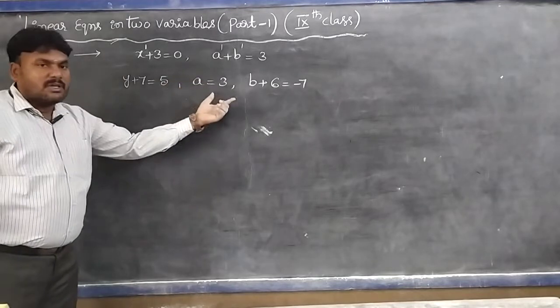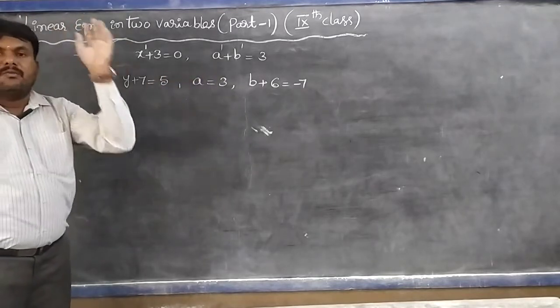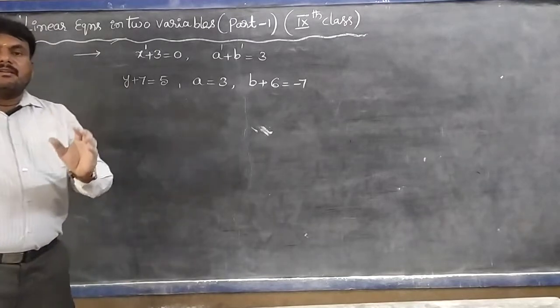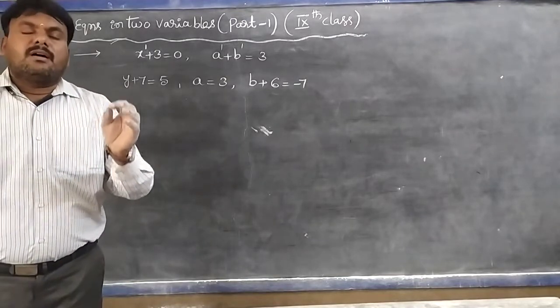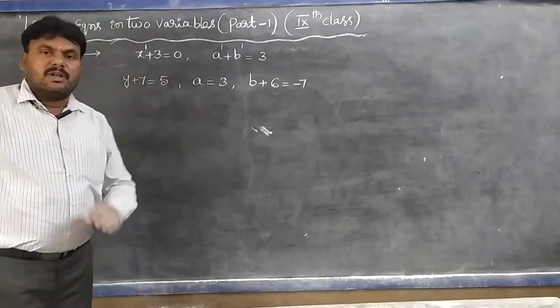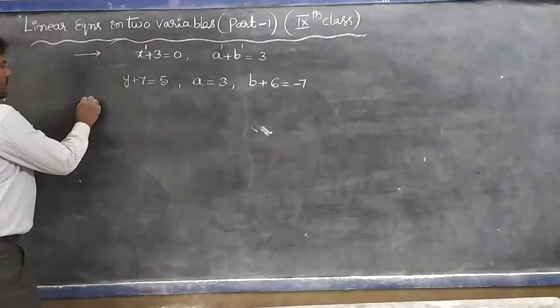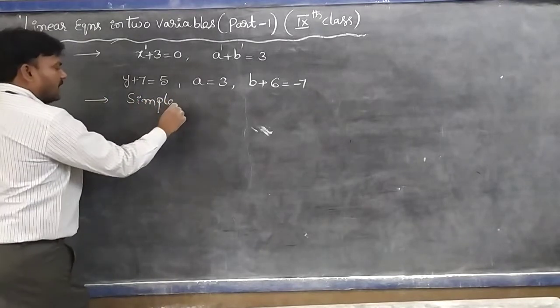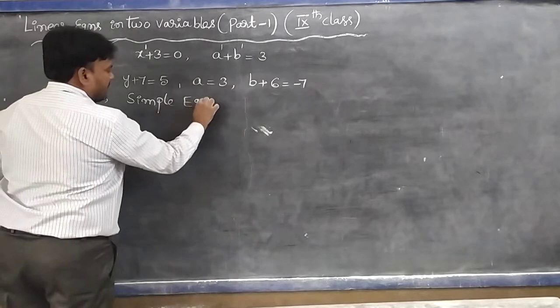So these examples are linear equations in one variable. Already we defined that a linear equation having only one variable is called a linear equation in one variable. It is also called a simple equation.